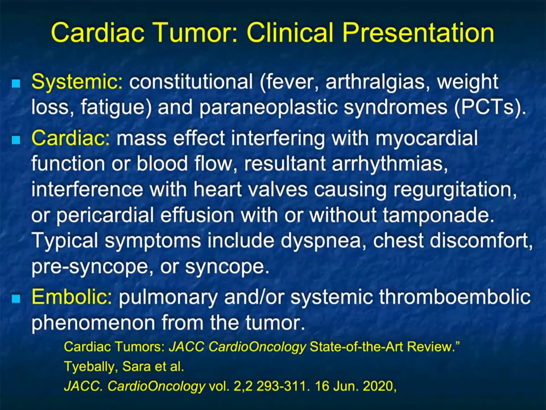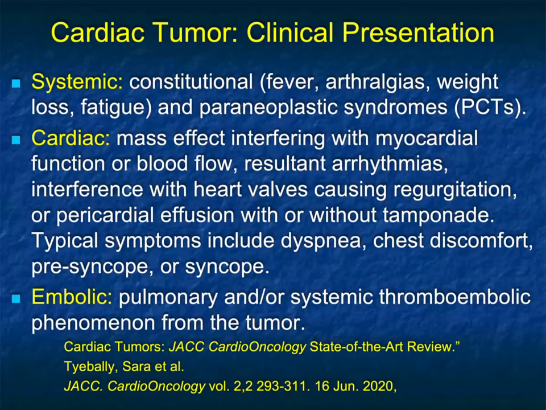So the symptoms, dyspnea, chest pain, syncope, presyncope, all are things we typically look at every day, but we're looking typically at dissection versus PE. So it makes the point that you need to look carefully at the heart because every once in a while you're going to pick up a cardiac tumor causing the patient's symptoms.